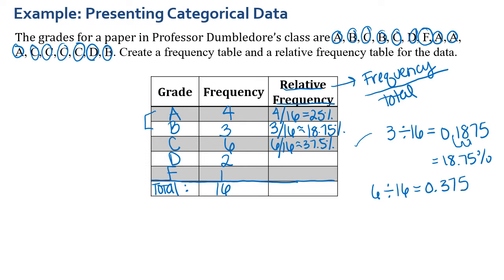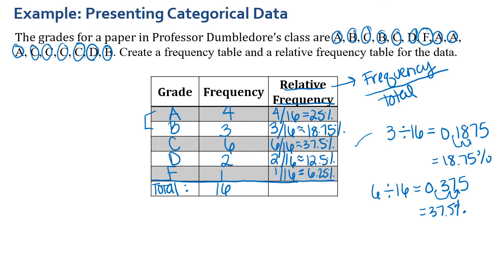So changing that to a percentage, again, move that decimal over 2 to the right, gives 37.5%. The relative frequencies for D's are 2 out of 16, which is about 12.5%. And then for F's, 1 out of 16, which is 6.25%.